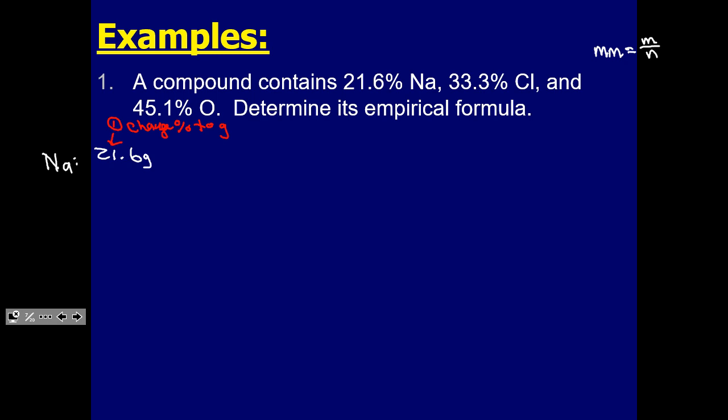If I wanted to find the moles and I had to rearrange that, what would the equation be? Molar mass, mass over molar mass. Excellent. So if I want to turn that 21.6 into moles, I'm going to divide by the molar mass.